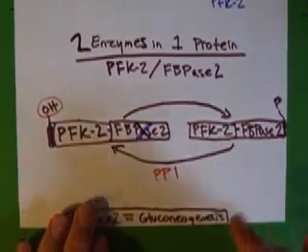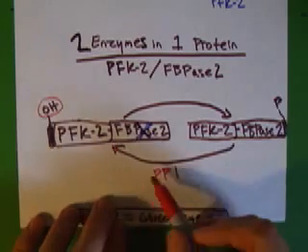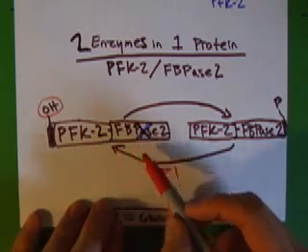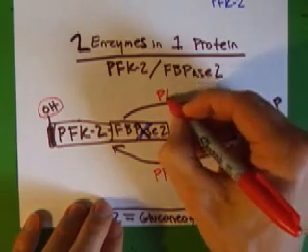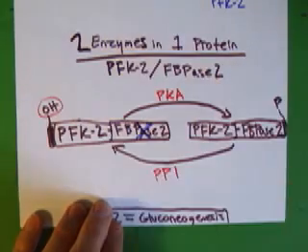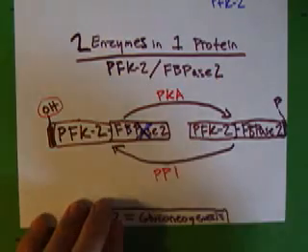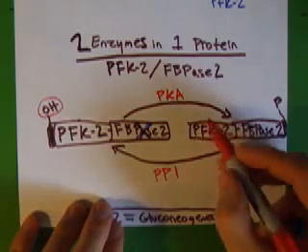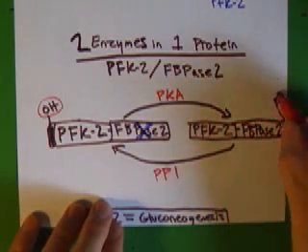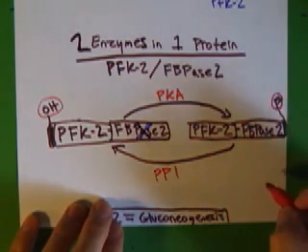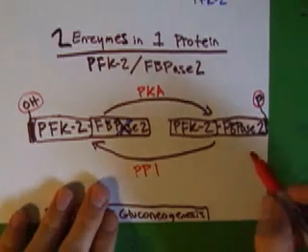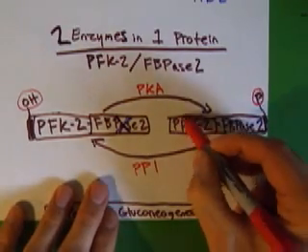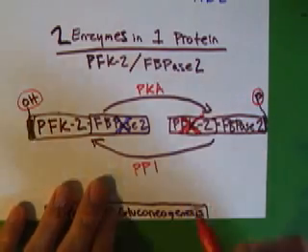The other half of the picture is you can turn off PFK2 and turn on FBPase2 by epinephrine or glucagon via PKA. So when PKA is active, it's going to phosphorylate the regulatory domain, turning FBPase2 on and PFK2 off.